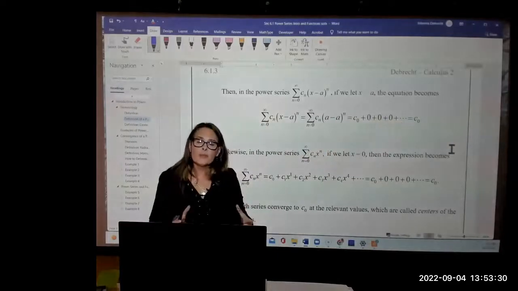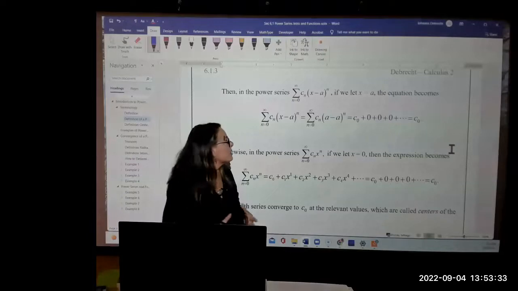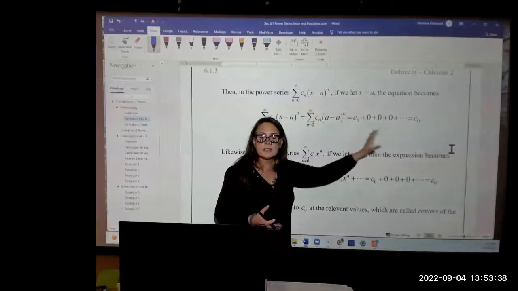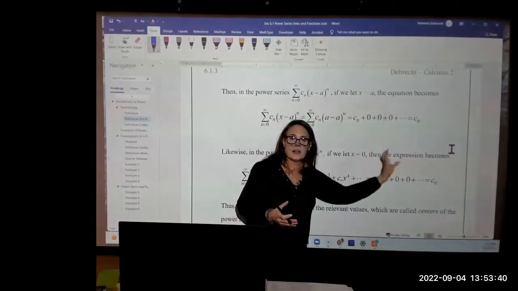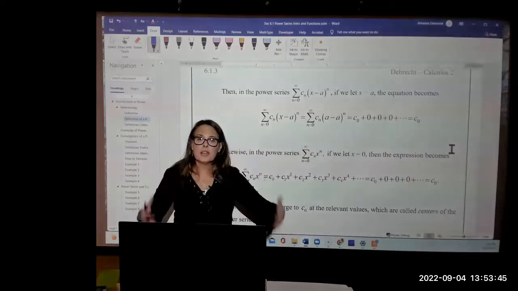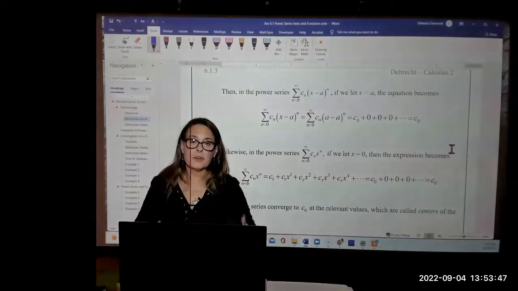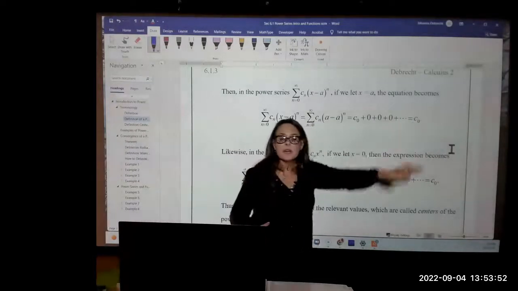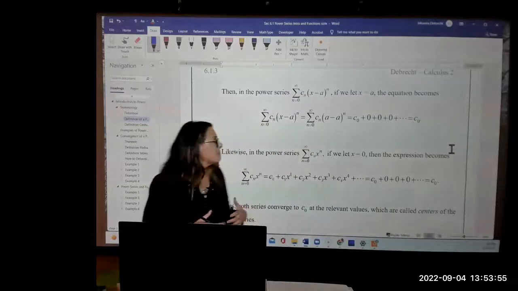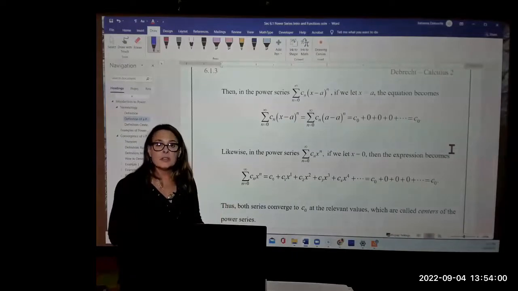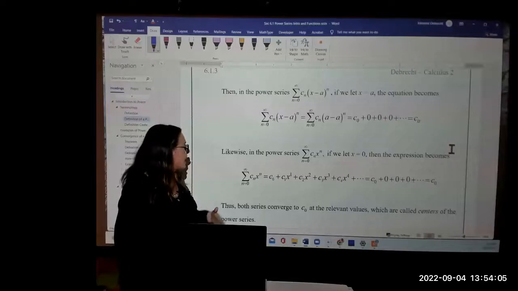The only term that survives is the first one, because if we let x be a, then all the other ones, x minus a to the first, x minus a squared, x minus a to the third, become a minus a, which is 0 to the first, 0 to the second, 0 to the third, and so on. And so they disappear, and we end up with c sub 0. In other words, this infinite series converges to c sub 0 when we allow x to be the center, which is a.